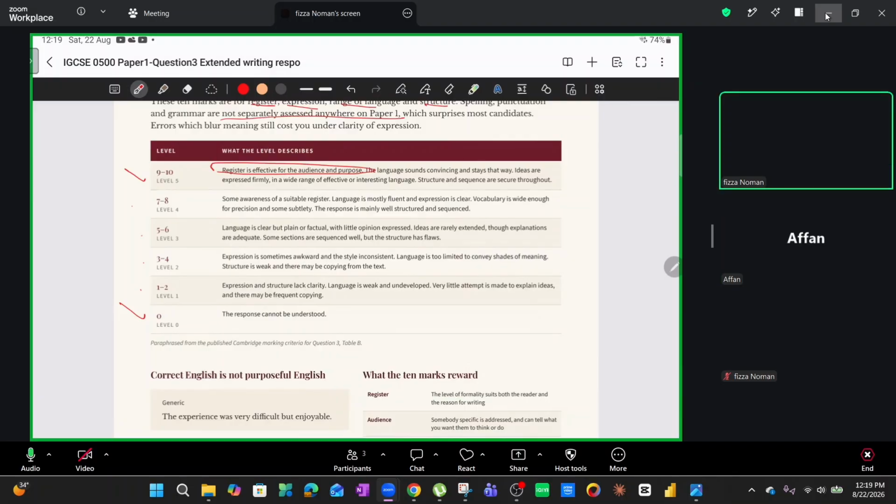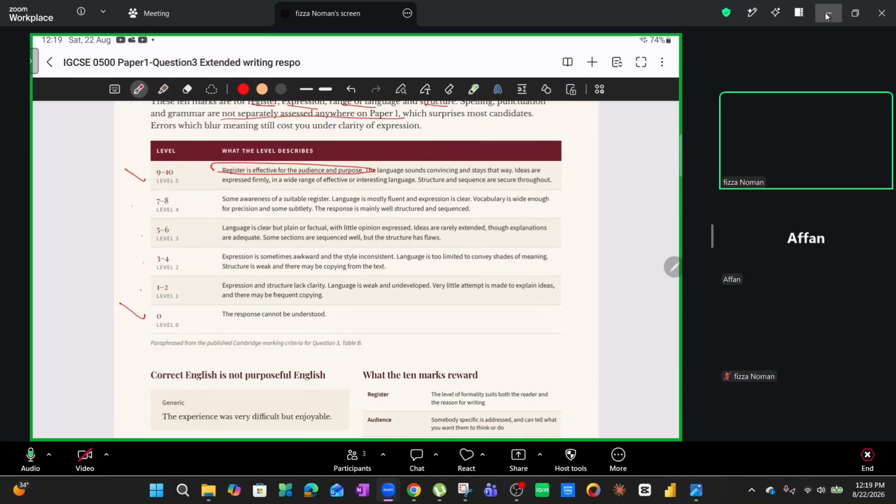So, register of writing means understanding your audience and writing according to your audience, right? For example, if you are speaking to a friend or to someone you are on friendly terms with, and maybe they're not that much older than you, then you're going to speak to that person in informal terms, right? Informally. Does that make sense?